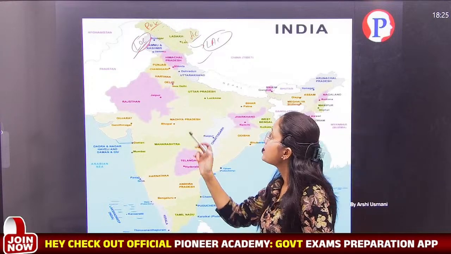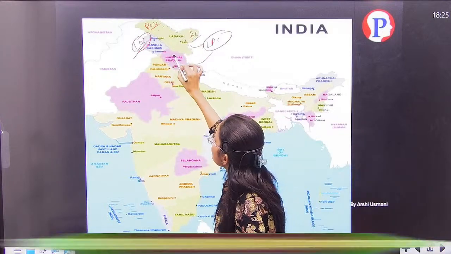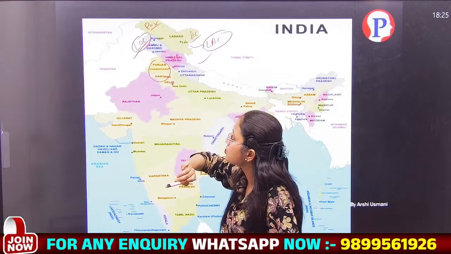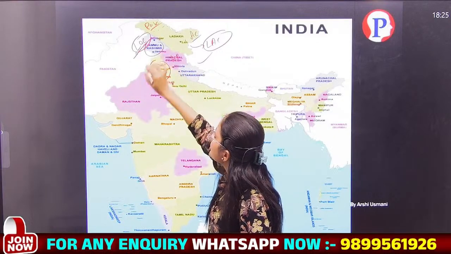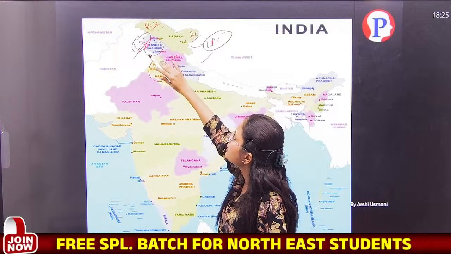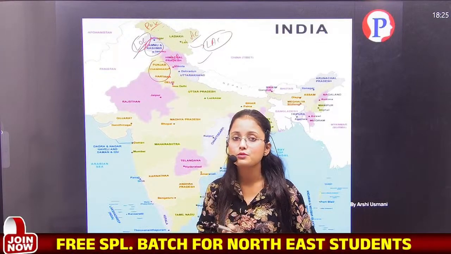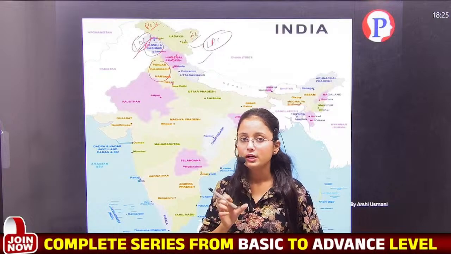This is Ladakh, this is Himachal Pradesh, this is Punjab and this is Jammu and Kashmir. Jammu and Kashmir and Ladakh were separated on 31st of October 2019.